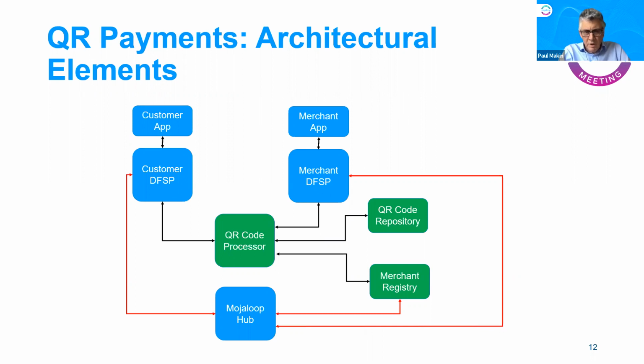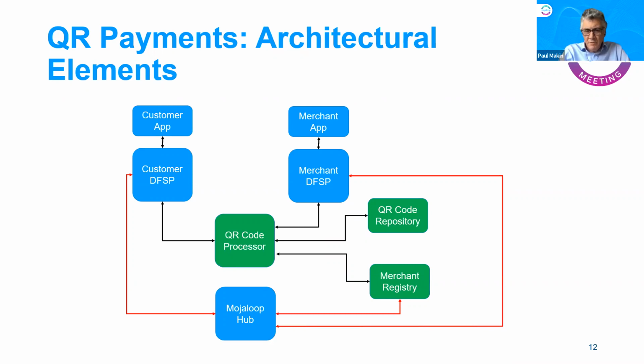So there's the QR code processor, which takes some of the details around QR codes from the participating DFSPs, and verifies them. There's a QR code repository, which generates the static QR codes and can deliver them to merchants on demand.